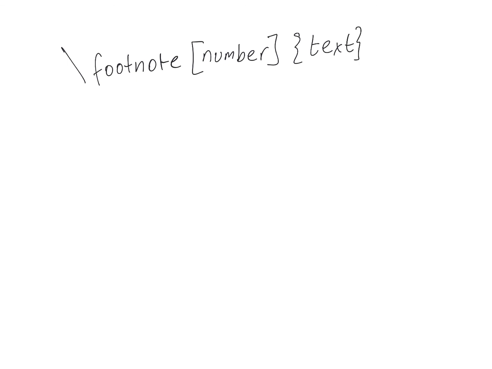Alright, so the footnote command looks more or less like this. So there's a footnote, and then the optional argument is the number. If you put this, then that number will be used, otherwise LaTeX takes its own number and starts an internal counter. So the first one gets the first number, and then it goes to the second one and third one and so on for that page.